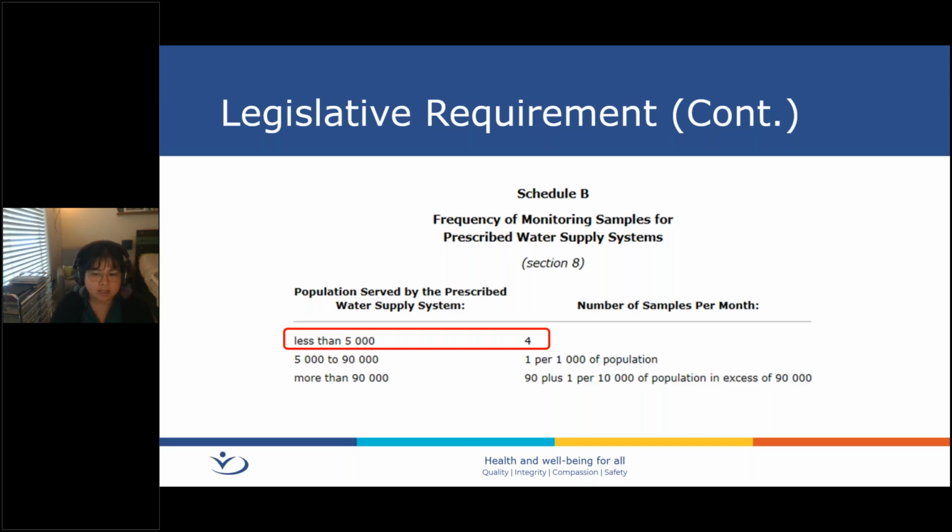And based on various factors for each water system, such as the risk of the drinking water source, the sampling history, the size and complexity of the treatment system itself, the treatment components, and whether it's a remote location, etc., the drinking water officer can vary the sampling frequency, and this can be done as part of the conditions on the permit.